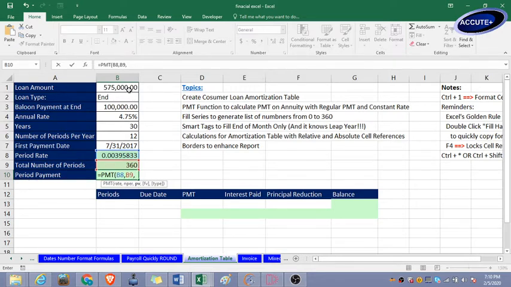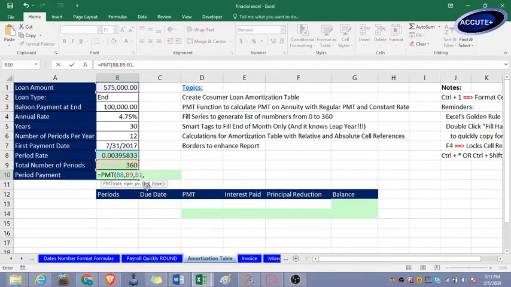Now you have to note that this amount is a negative when it's coming from the bank going to the client. So from the bank it's a negative, but when it's going to the borrower, it becomes a positive. So here it is going to be a positive, not a negative, comma.